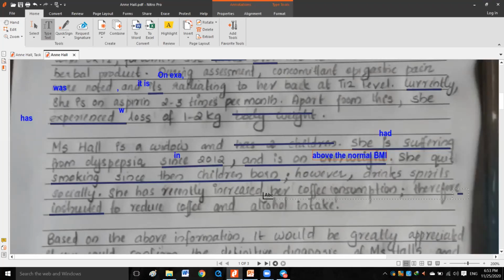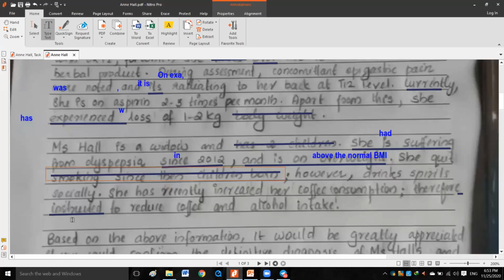The sentence "she quit smoking since then children born" is irrelevant to mention. However, drinks spirits socially. Okay.